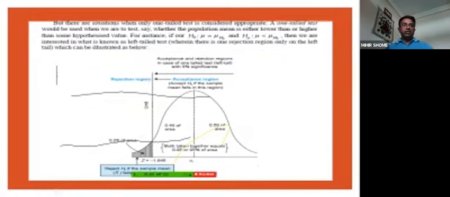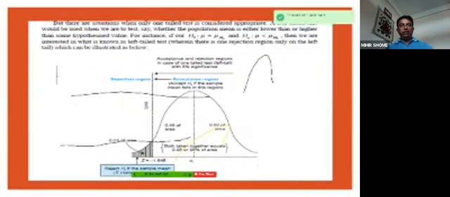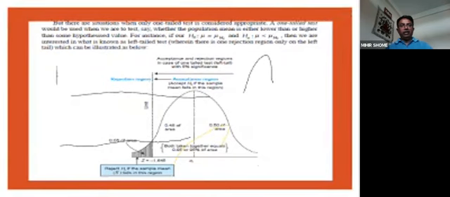But there are situations when only a one-tailed test is considered appropriate. A one-tailed test would be used when we are to test whether the population mean is either lower than or higher than the hypothesized value.